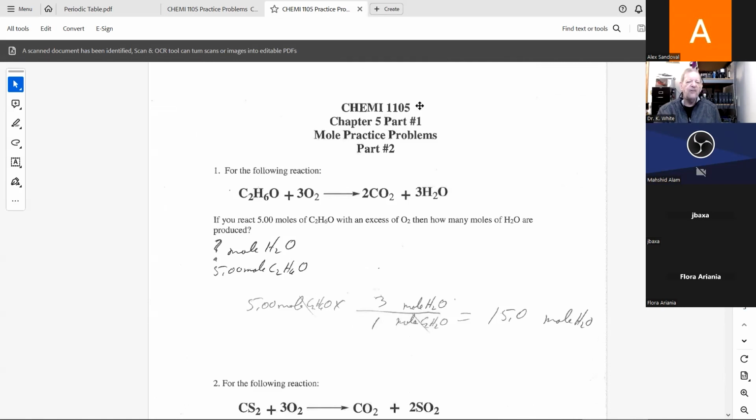All right, if we look on here, mole practice problems part 2, I give you a balanced chemical equation. And if you react 5 moles of C2H6O, otherwise known as ethanol, with oxygen, how many moles of water are produced? So we're being asked how many moles of water, that's why I have the question mark here.